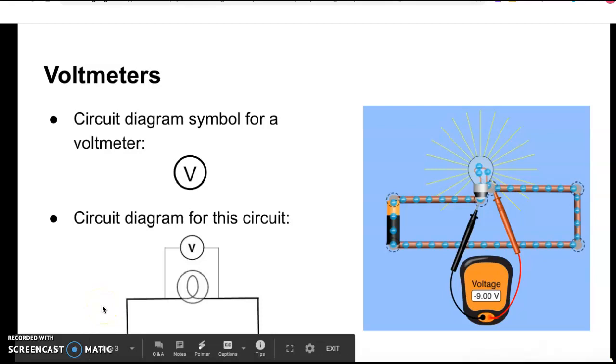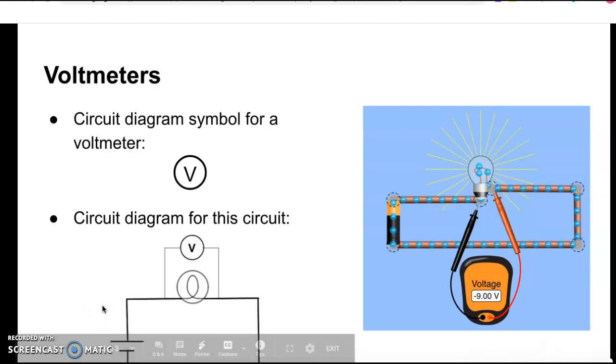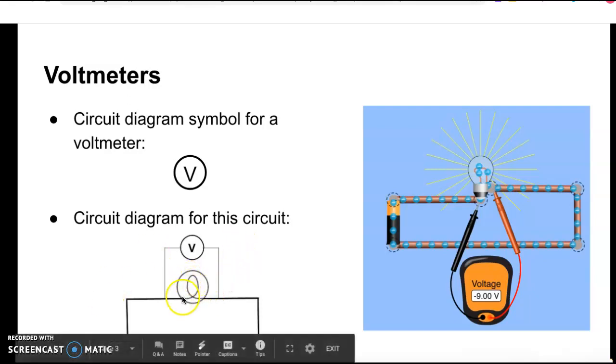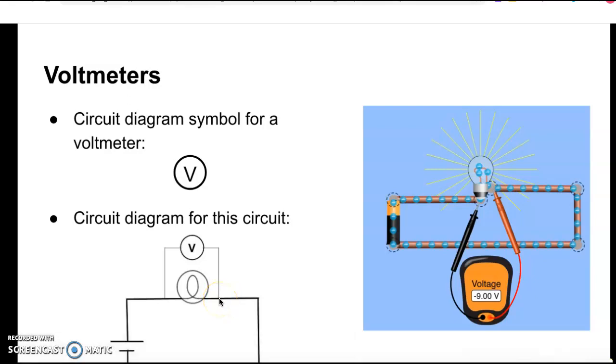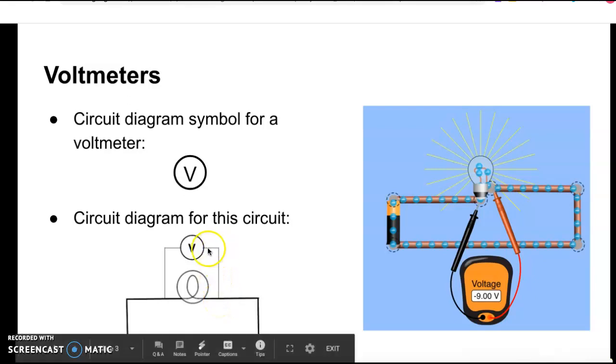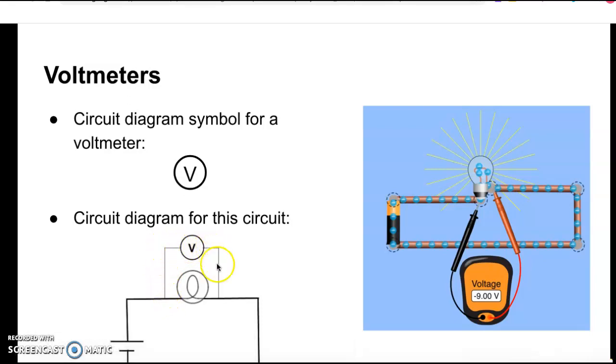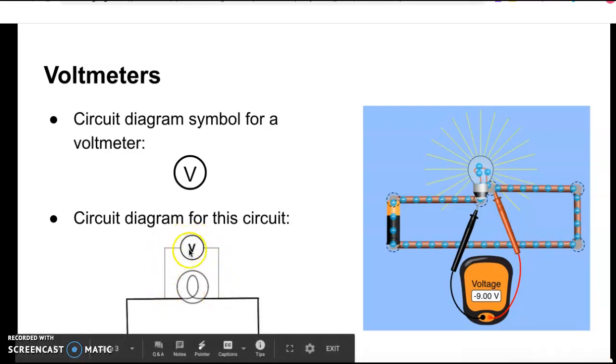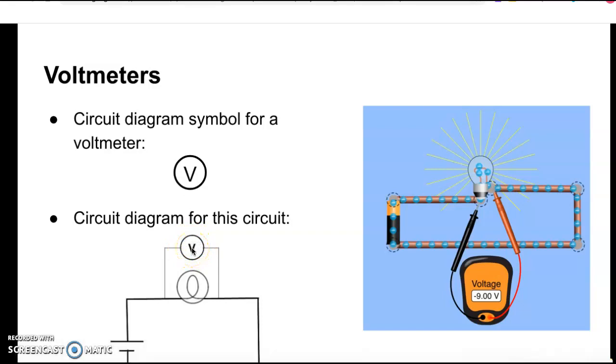Okay, so there's a single cell battery, and then it's attached to some conductors. And then you have a light bulb here. And now this is how you draw a voltmeter. You can make a new pathway because it has to be in parallel. So this is a new pathway where I attach a voltmeter here, and that measures the voltage. Okay, so that's how you draw a voltmeter in a circuit diagram.